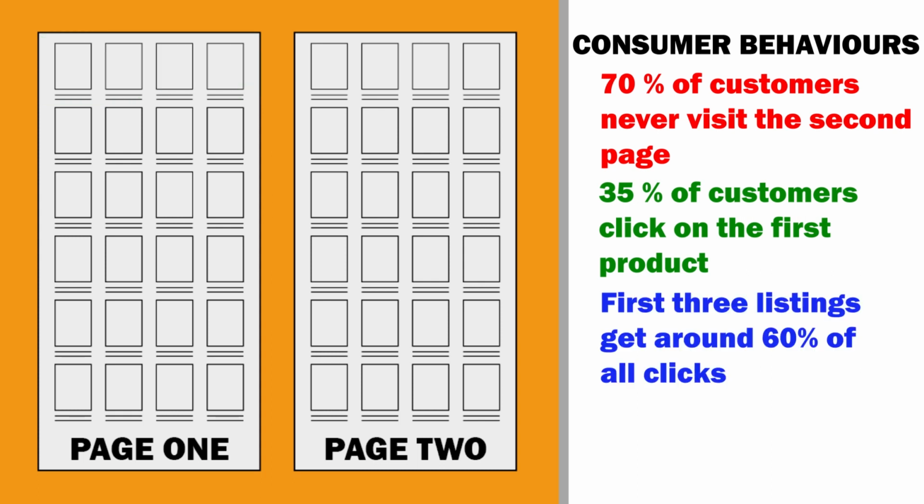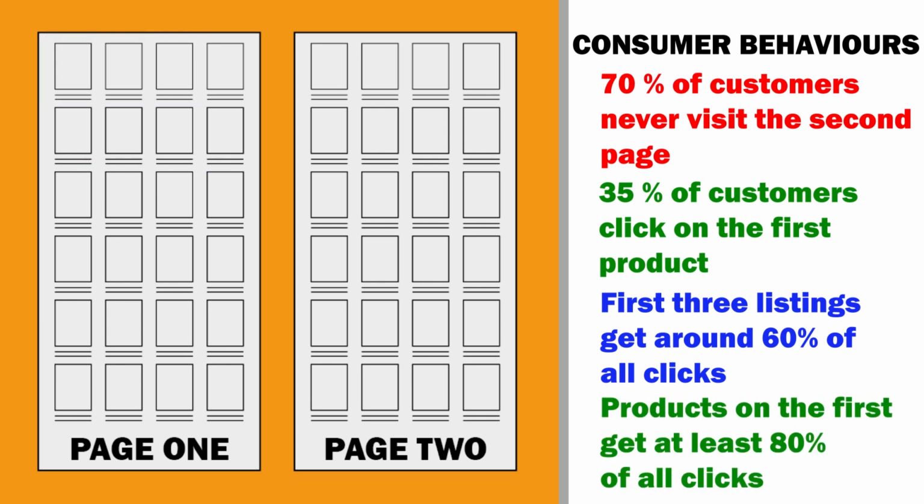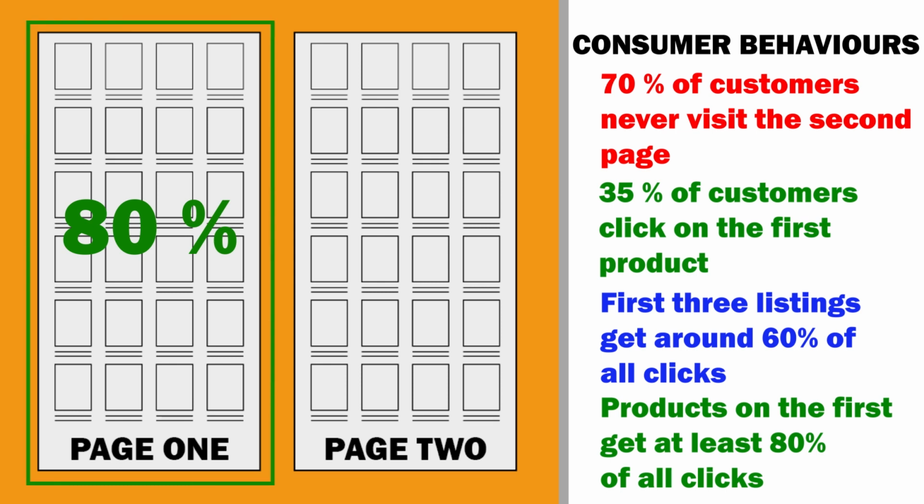Also, the first 3 listings get around 60% of all clicks, while products on the first page of the search results get at least 80%. In short, if your product is not on the first page for a specific keyword, you are missing out on sales potential. But the question is, how to rank your low content books on Amazon page 1?